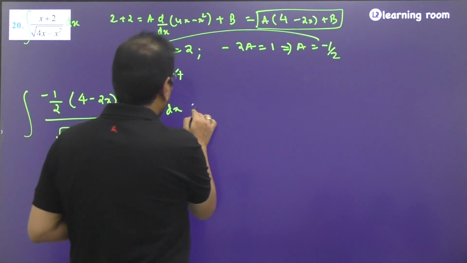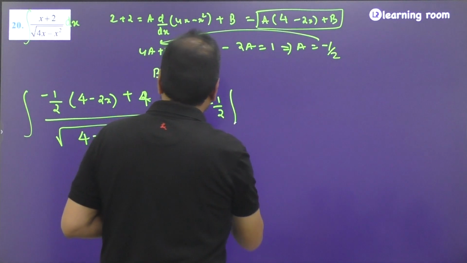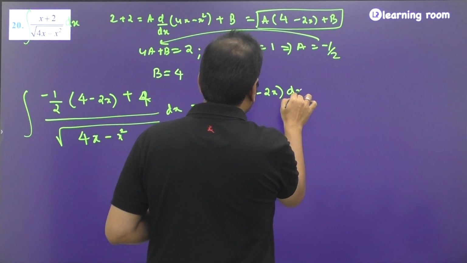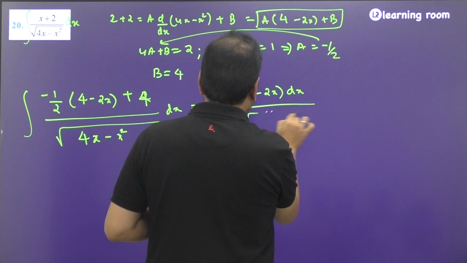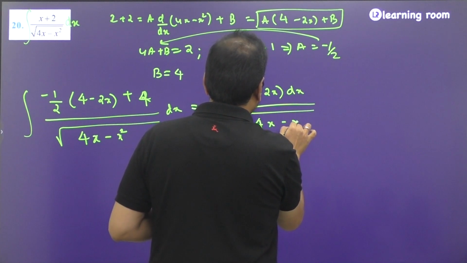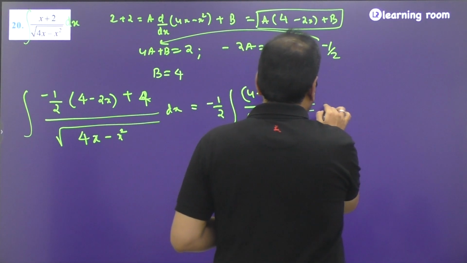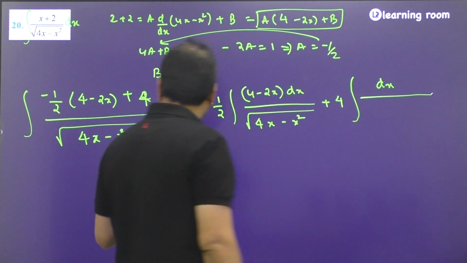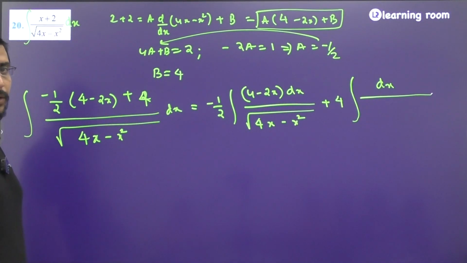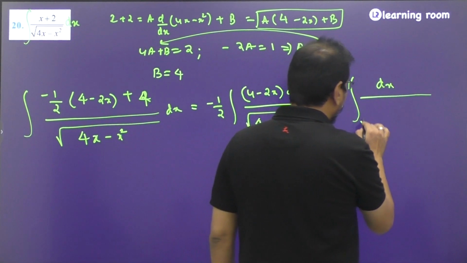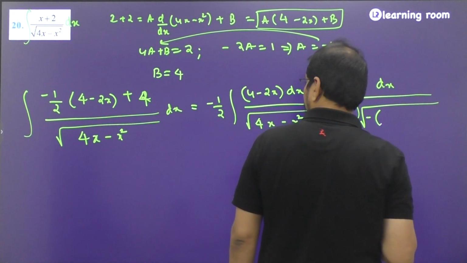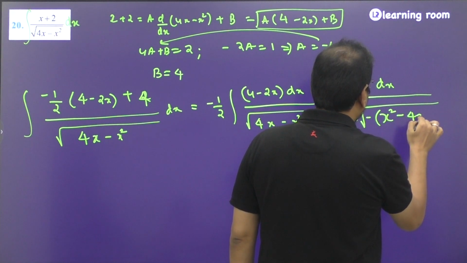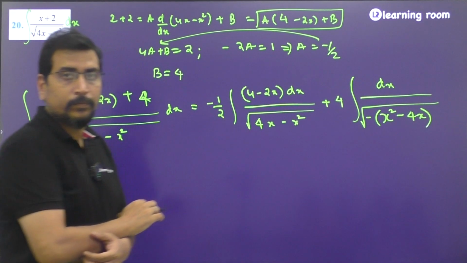So this will be equal to minus half into the integral of (4 minus 2x) times dx, the whole divided by the square root of 4x minus x square, plus 4 into the integral of dx divided by the root of 4x minus x square. So what you can do is take the minus sign out: minus of x square minus 4x.